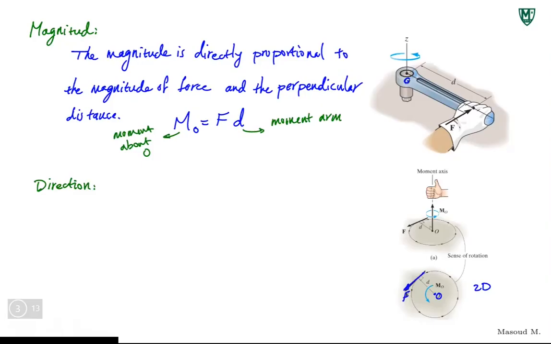We can just put a few words here. The direction of the moment is defined by its moment axis, because we will talk about this moment axis later on.